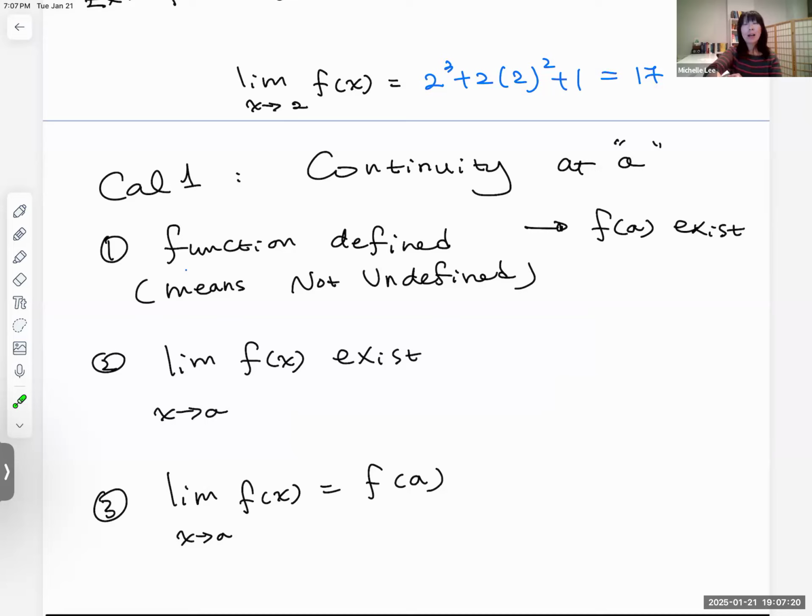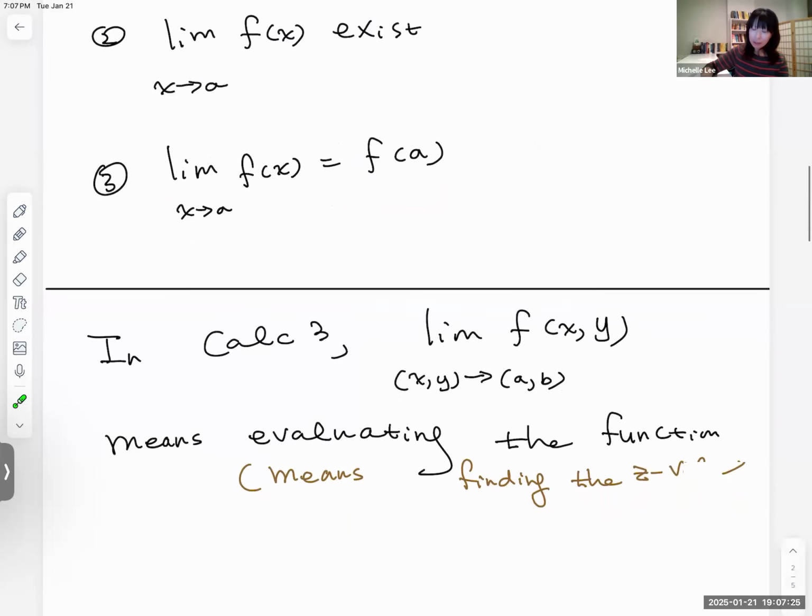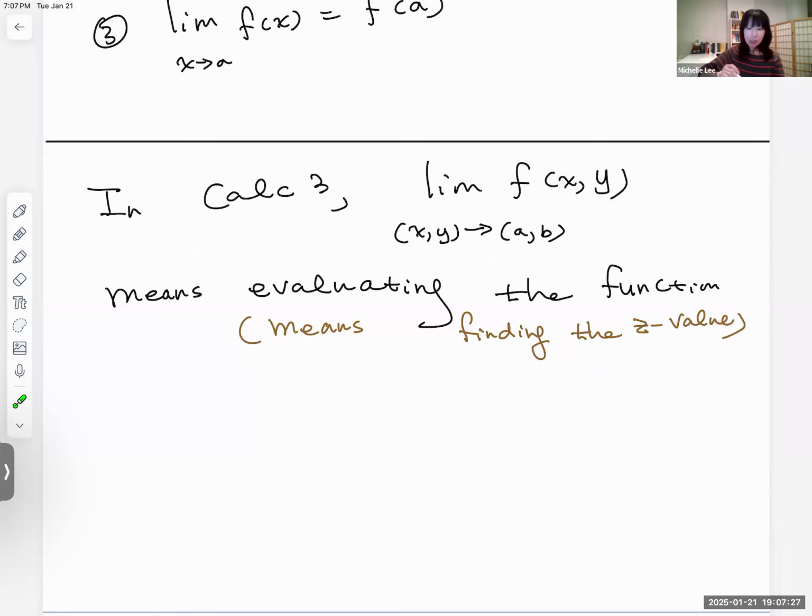Okay, now calculus 3, right? Let's talk about the limit first. Instead of the limit when x approaches a of f of x, we have f of x, y, which we talked about last section, and then x, y approaches a, b.